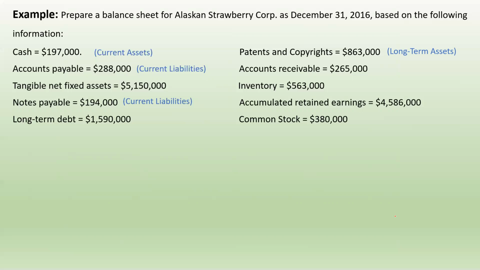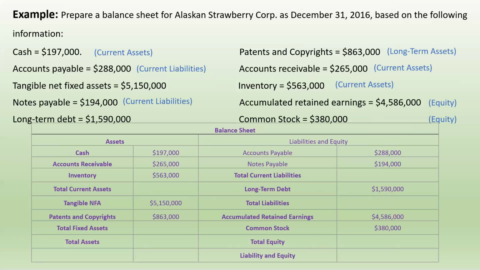Patents and copyrights are long-term assets. Accounts receivable is current assets. Inventory is current assets. Accumulated retained earnings is shareholders' equity, and common stock is equity too.